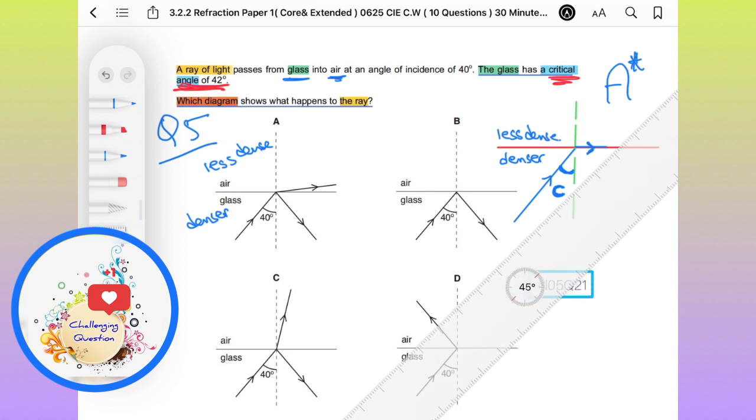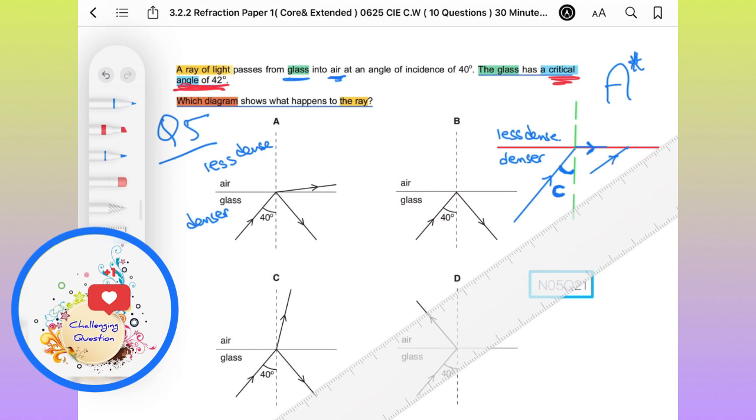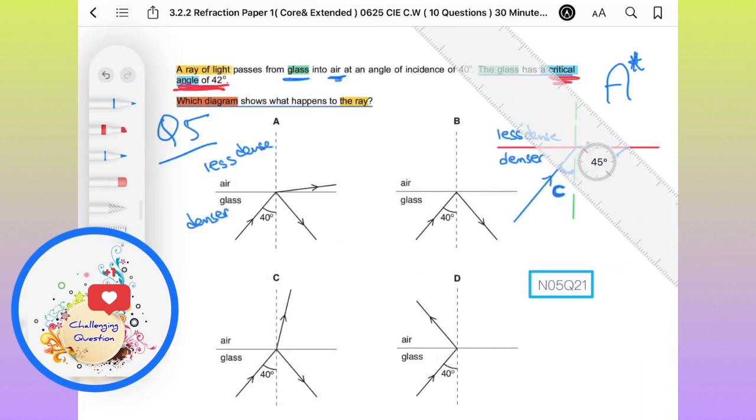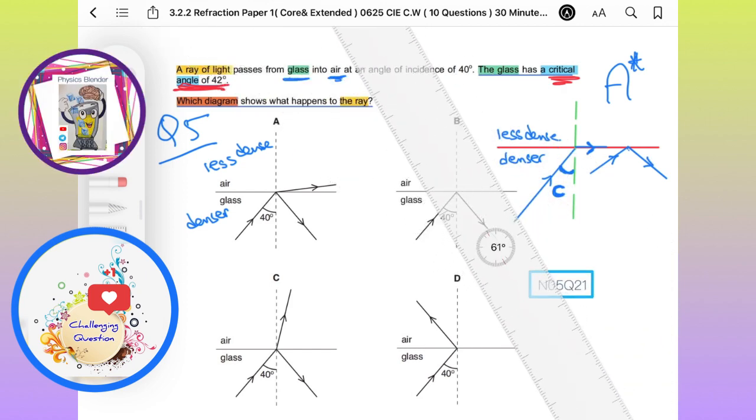If the angle of incidence is more than the critical angle, the ray will be totally internally reflected. In this case, you have to draw the normal line again.